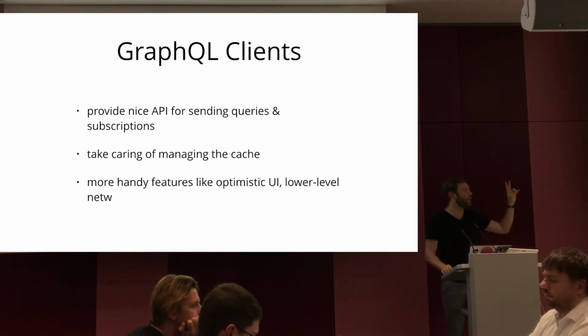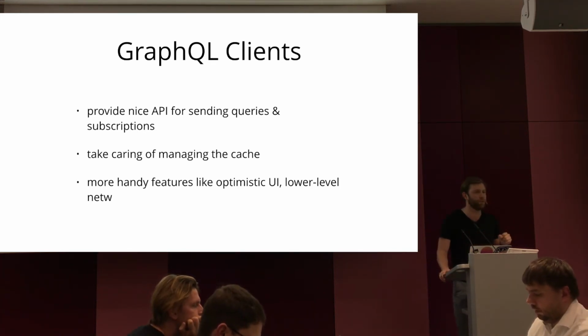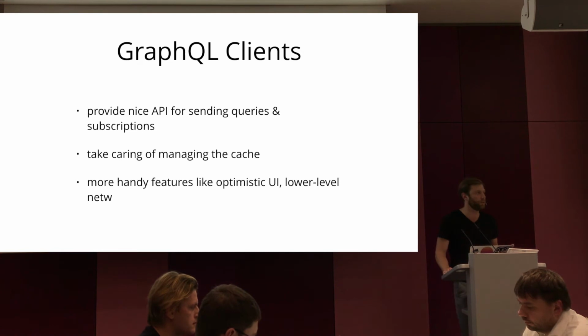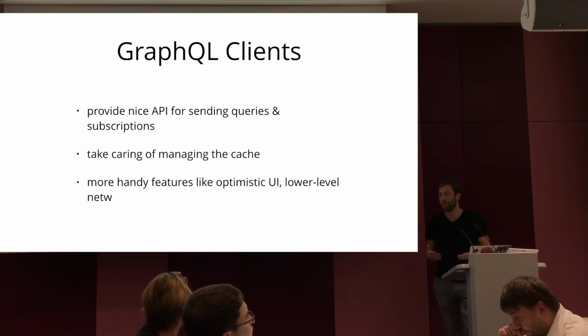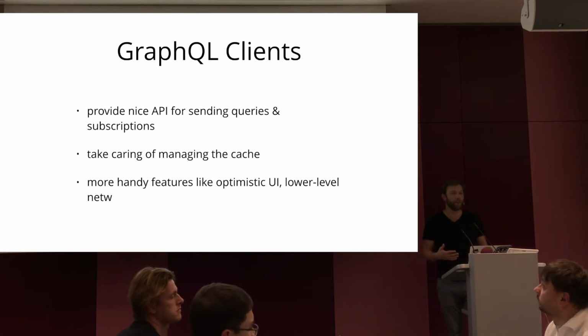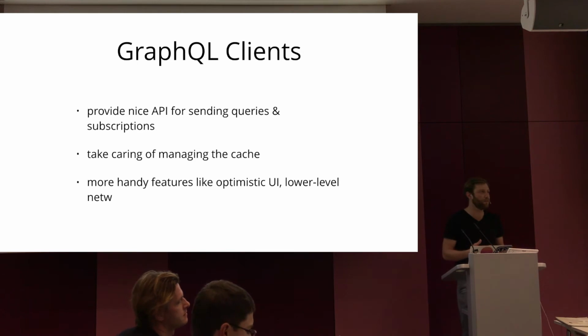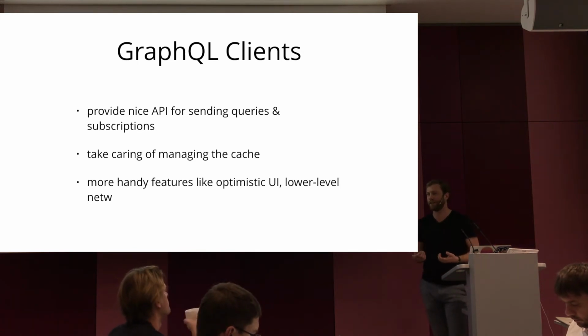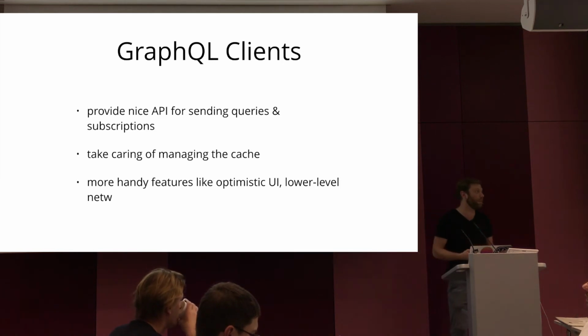And there are 2 very popular GraphQL clients at the moment. The first one is called Relay, and that is the homegrown GraphQL client from Facebook that they open sourced alongside GraphQL in 2015. Relay is very, very powerful and very heavily optimized for performance, but it's also relatively complex and really has a learning curve if you want to get into it, and also doesn't have the best documentation.